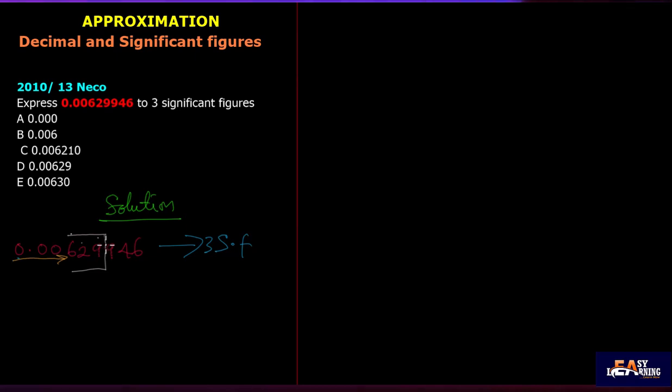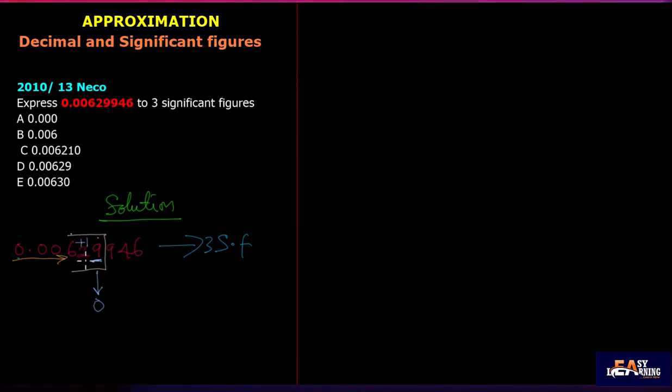Now, just as when we're talking about decimal places, approximation of decimals, ask yourself: this number that makes the third significant figure, that is 9. This 9 here, is 9 more than 5? Yes, 9 is more than 5. So since 9 is more than 5, we're going to call it 0, carry 1, and add 1 to this other number here.